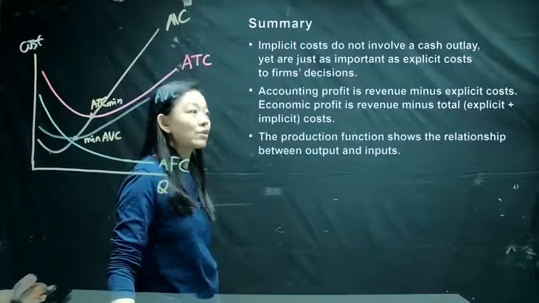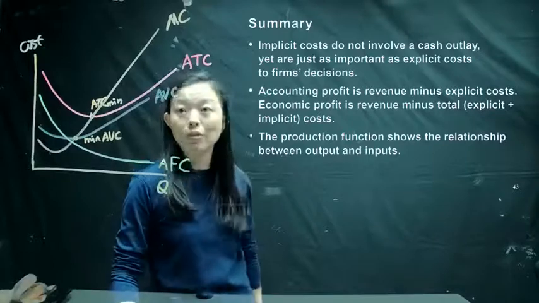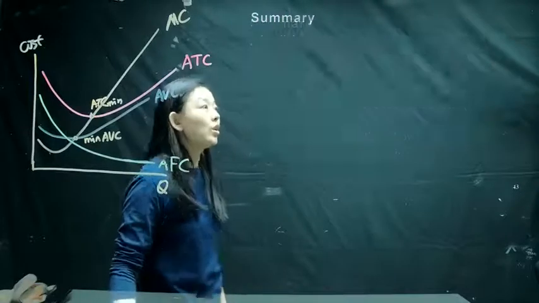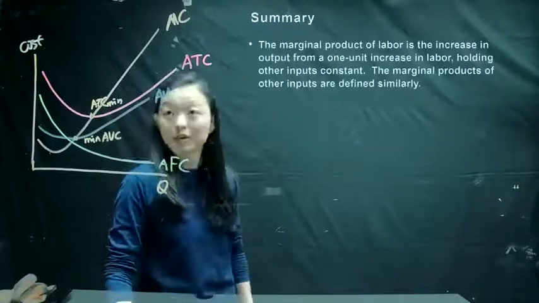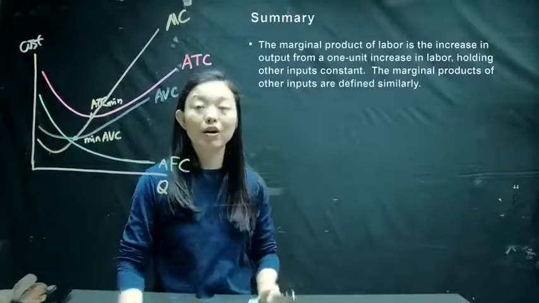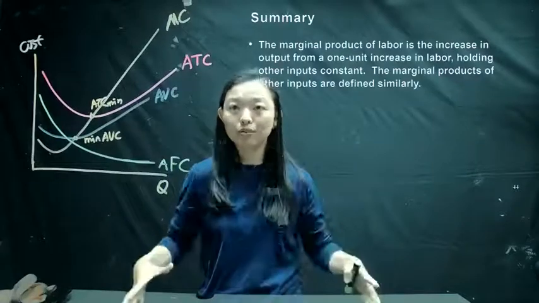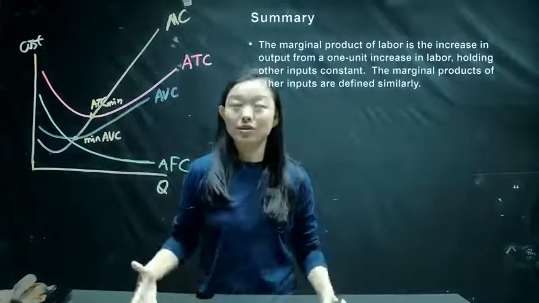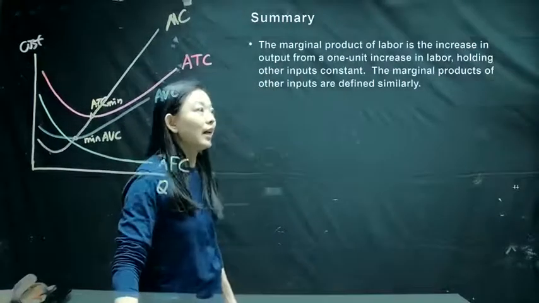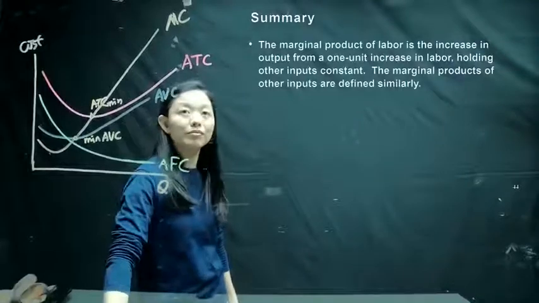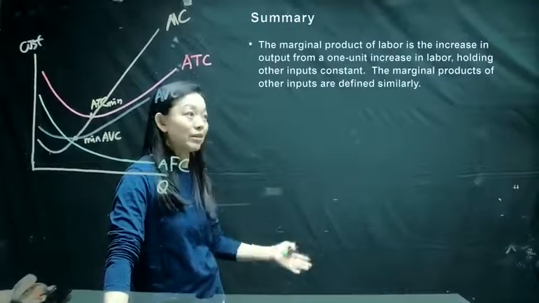The production function shows the relationship between outputs and inputs. We talked about the marginal product, and in this chapter we only focus on the marginal product of labor because we assume capital is fixed. The marginal product of different inputs is very similar.